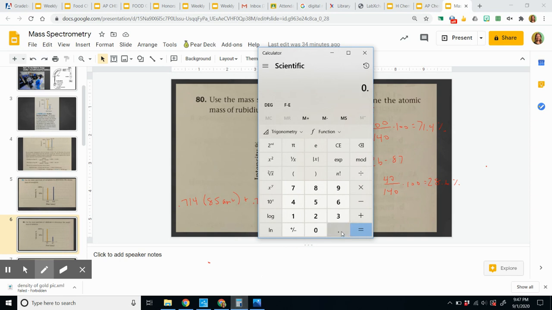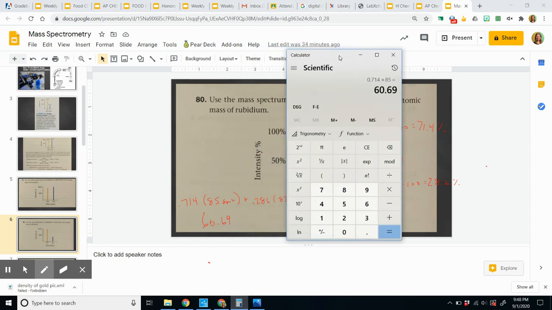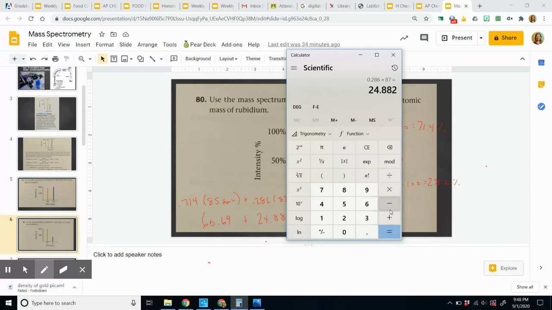And we get 0.714 times 85 is 60.69. Plus 0.286 times 87, 24.882. Add those two together and we should get our average mass.